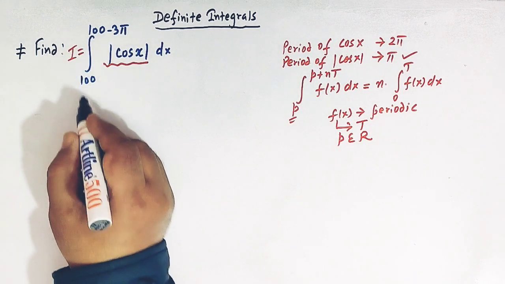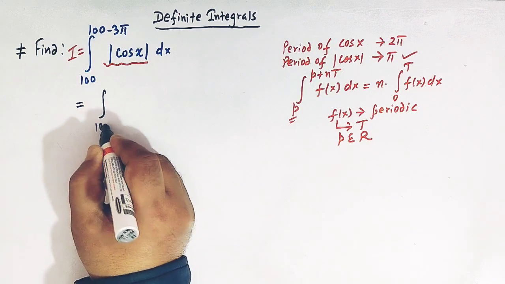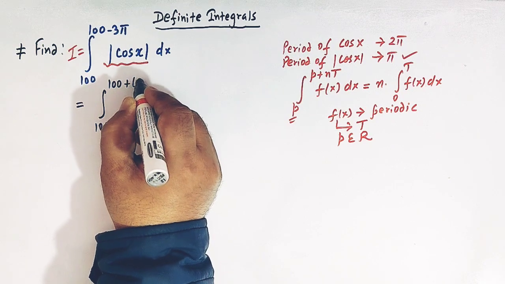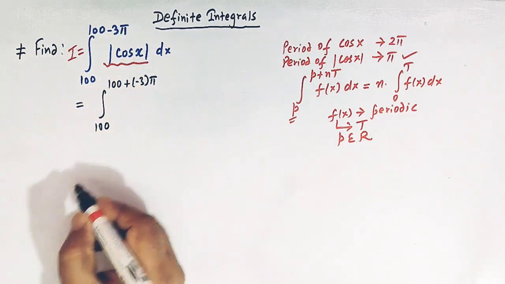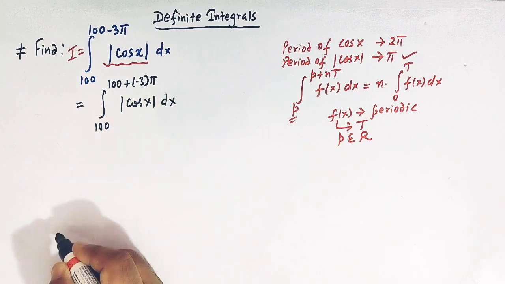Now let us rewrite this integral as from 100 to 100 plus minus 3 pi of mod of cos x dx.